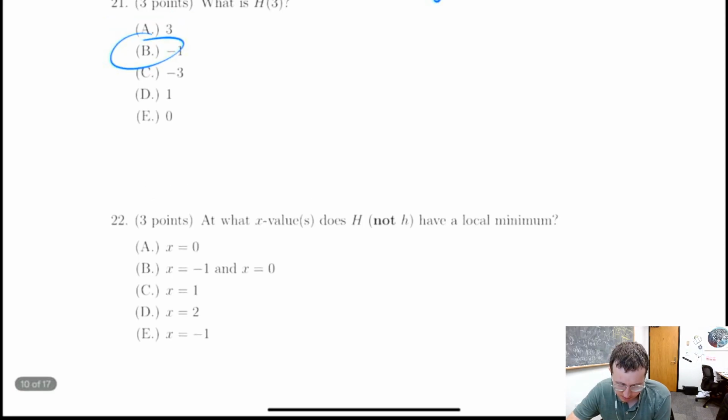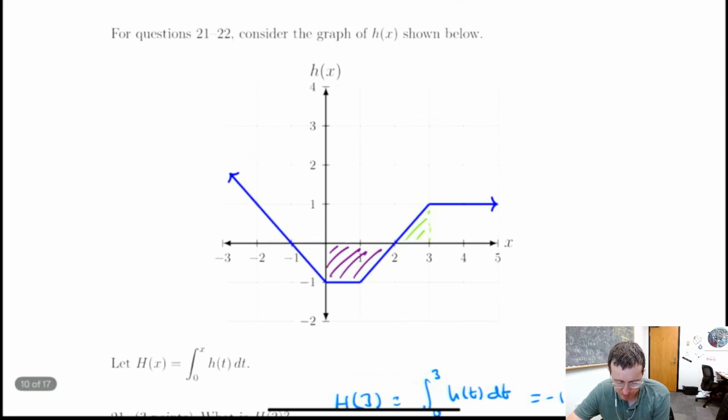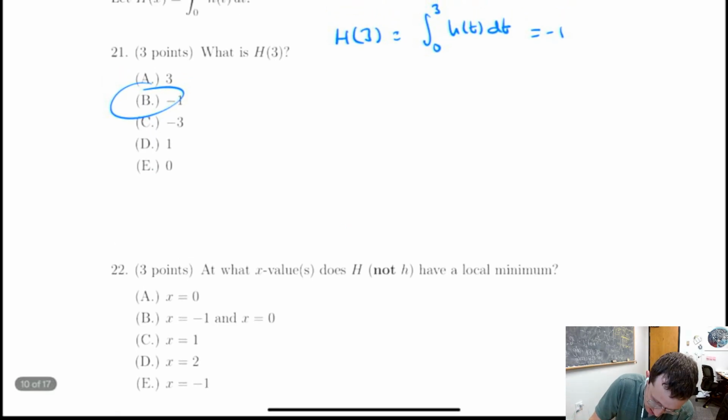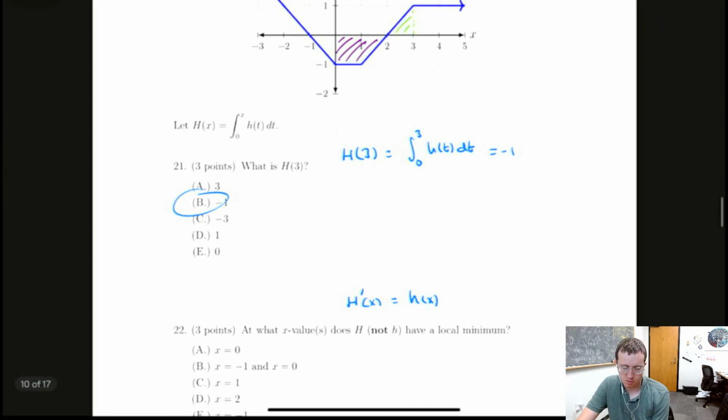And at what x values does capital H have a local minimum? Okay, so the thing to note is that lowercase h is the derivative of capital H. That's the fundamental theorem of calculus.